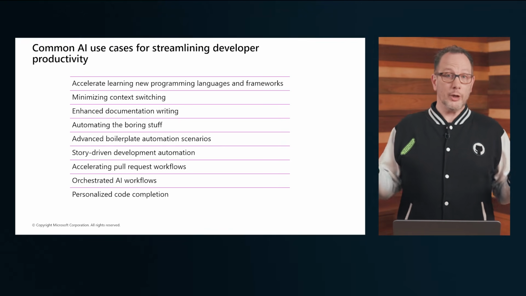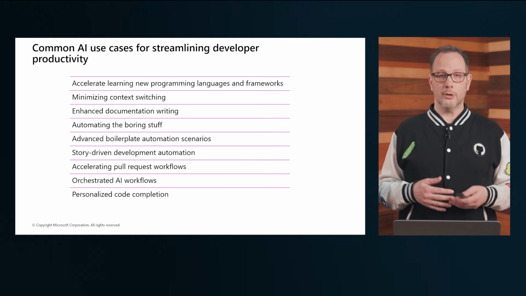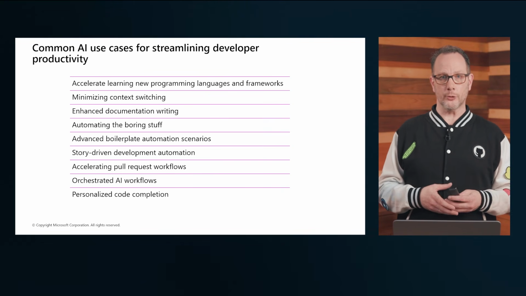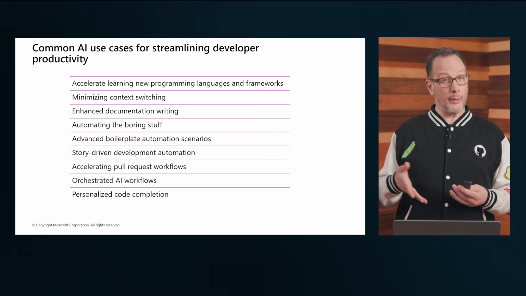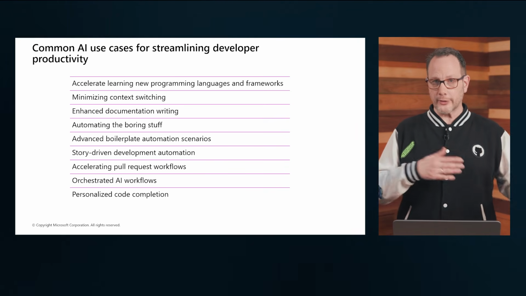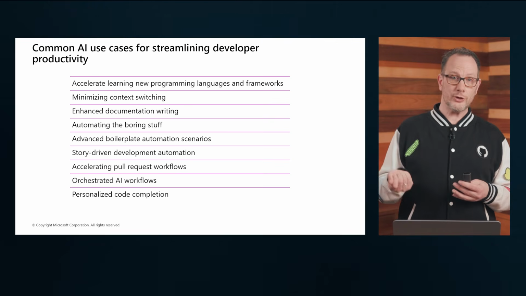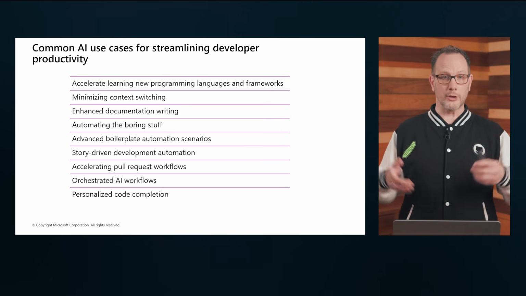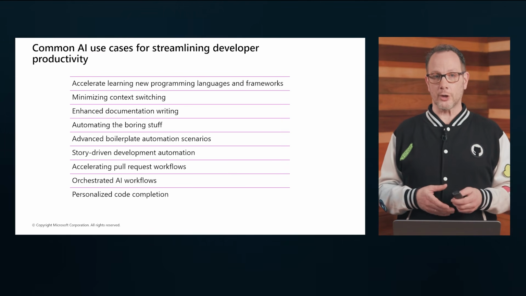From learning a new programming language, creating documentation, to orchestrating multi-step workflows. And you'll see that Copilot doesn't just speed things up. It really reduces context switching by letting you stay in your editor instead of bouncing between browsers, documentation sites, or internal wikis.